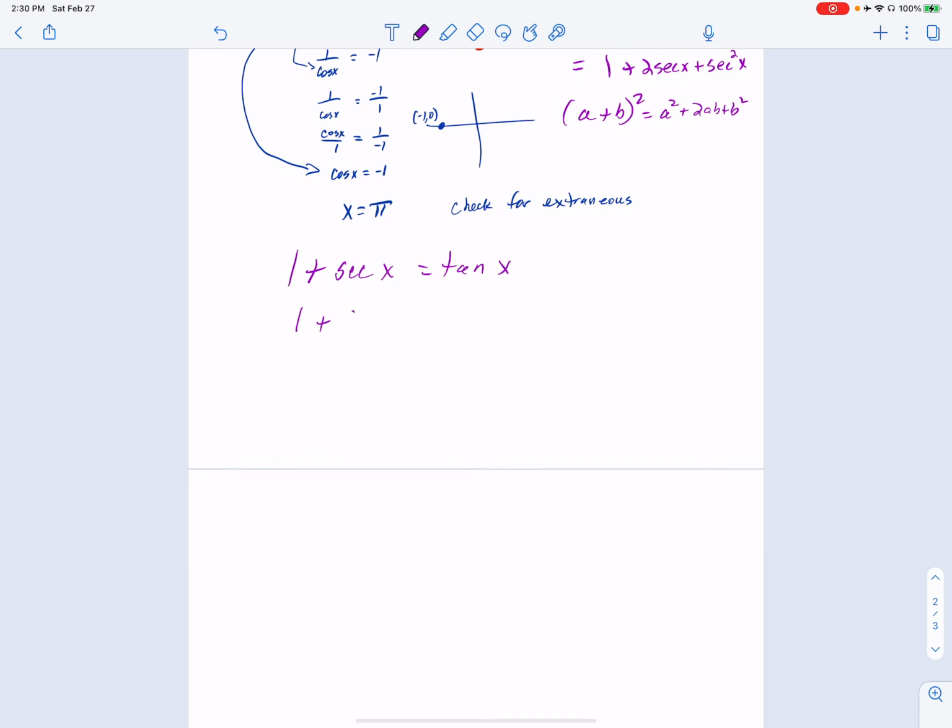So I have 1 plus secant of pi equal to tangent of pi. And secant of pi is negative 1, because up here, this is the unit circle value, and secant is hypotenuse, which is 1 on the unit circle, over x, so you get 1 over negative 1, it's negative 1.